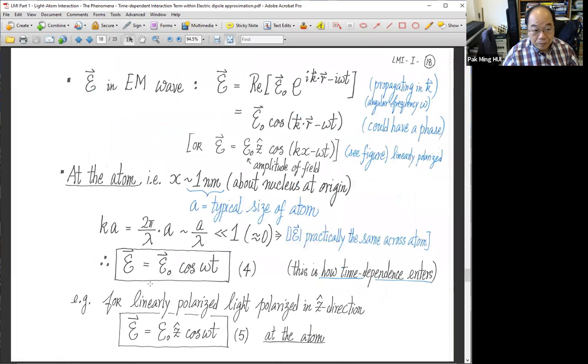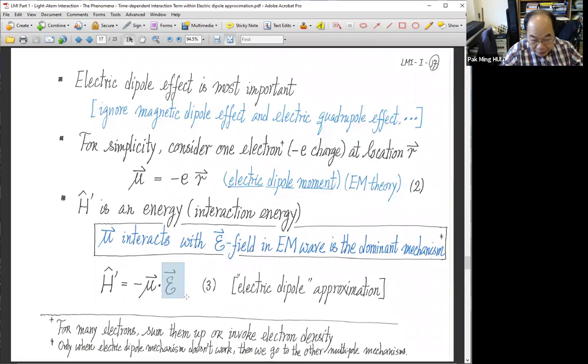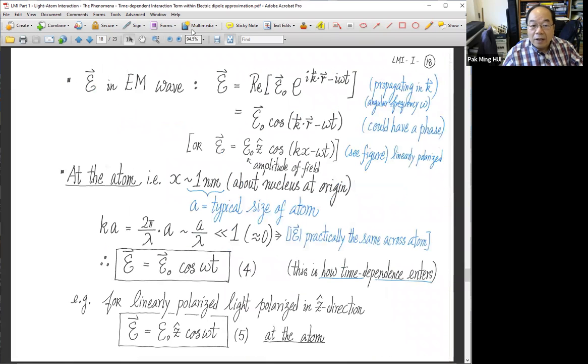So now we have EM waves. Let's look at how to write down the field. So I need this. In electromagnetism, the E field can be written as something like that. Okay. But if you use this complex notation, actually you're thinking about the real part.